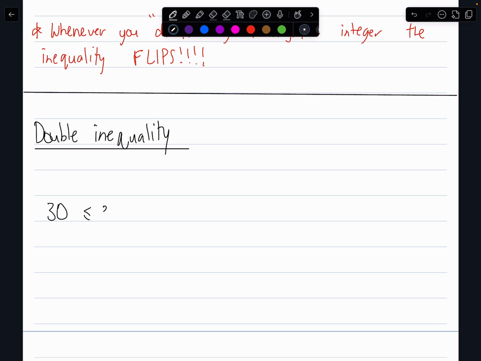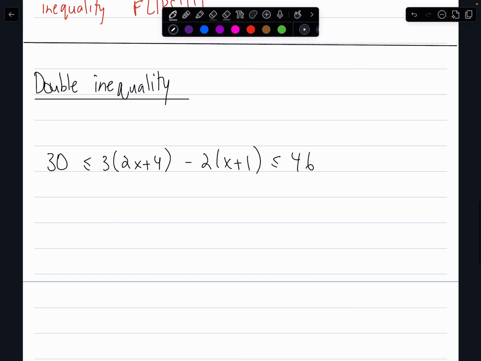30 is less than or equal to 3(2x plus 4) minus 2x minus 2, less than or equal to 46. I'm just doing an overkill question just to give you guys some perspective of how this stuff actually starts to manifest itself. So here you have a double inequality, right? Hence the word double, so we have two inequalities. So the way we're going to do this is first we're going to simplify the middle.